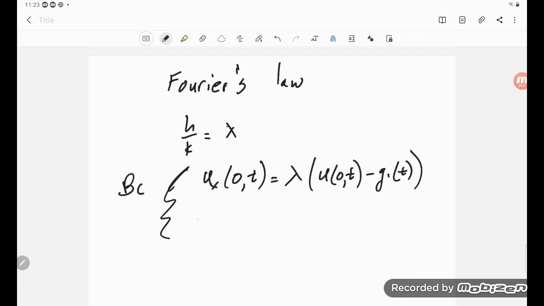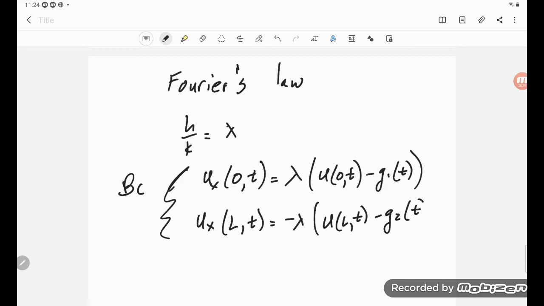And similarly, u sub x at L and t is minus lambda times u of L and t minus g2 of t.